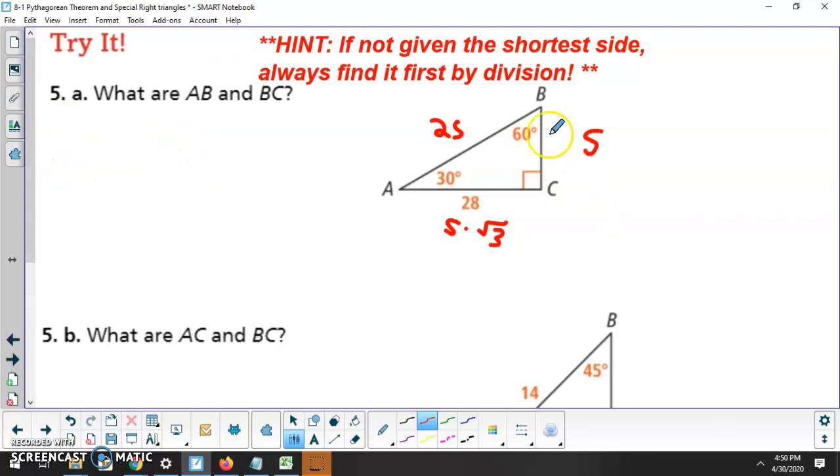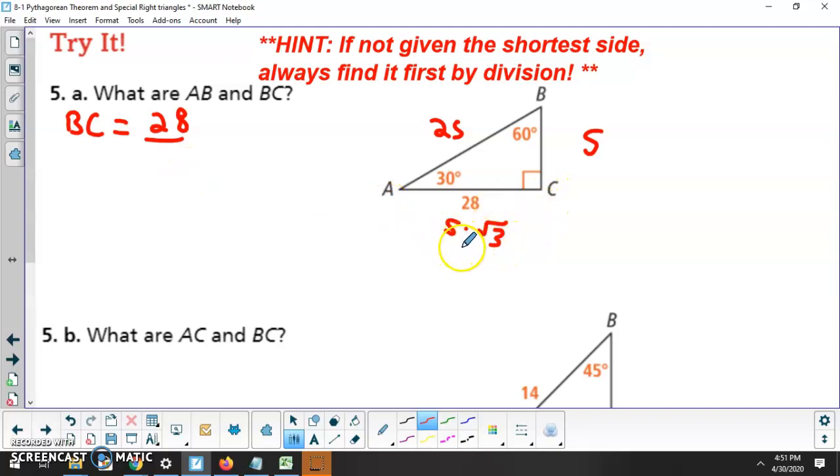So what we're going to do is find BC. BC is the shortest side here. To find BC, we're going to take the side they give us, AC, 28, and divide it by the square root of 3.